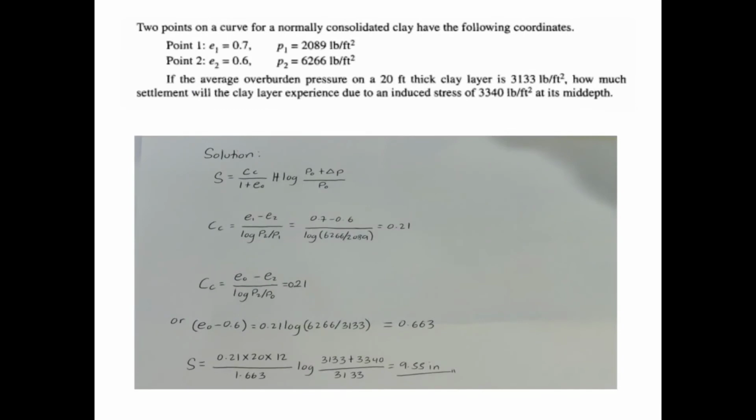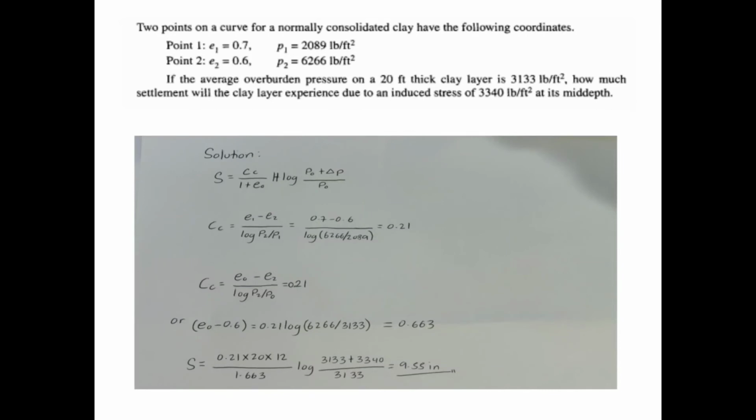Last example is 2 points on a curve for a normally consolidated clay have the following coordinates. Point 1, e sub 1 equals 0.7. Point 2, e sub 2 equals 0.6. P sub 1 equals 2,089 pounds per square foot.